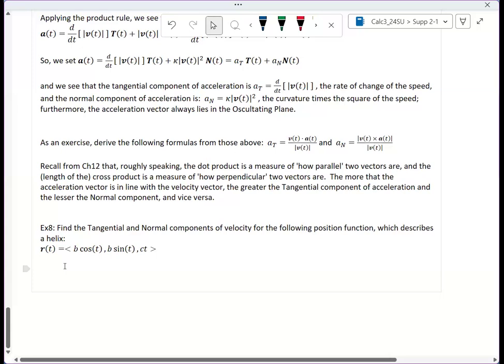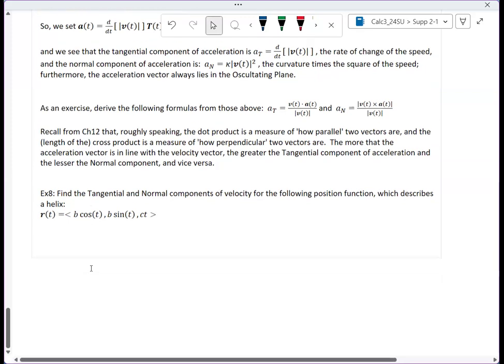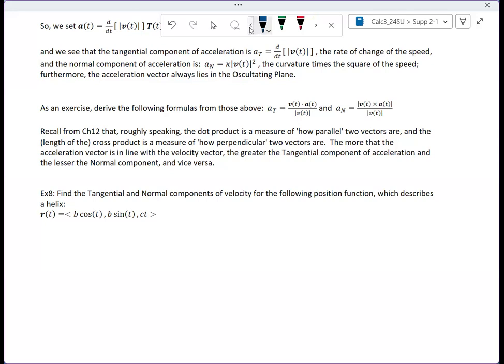Okay, last example: let's find the tangential and normal components of acceleration for the following position function, which describes a helix. Here r of t is b cos t, b sin t, and c times t. To use those formulas, I have a position vector, so I need velocity and acceleration.